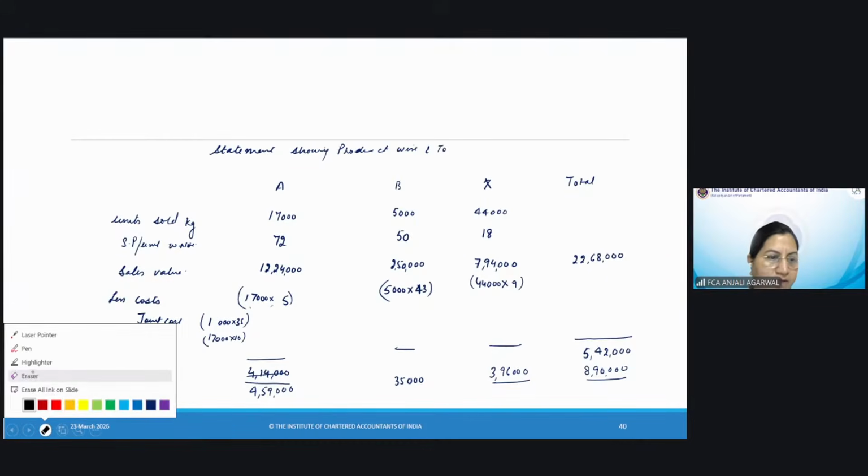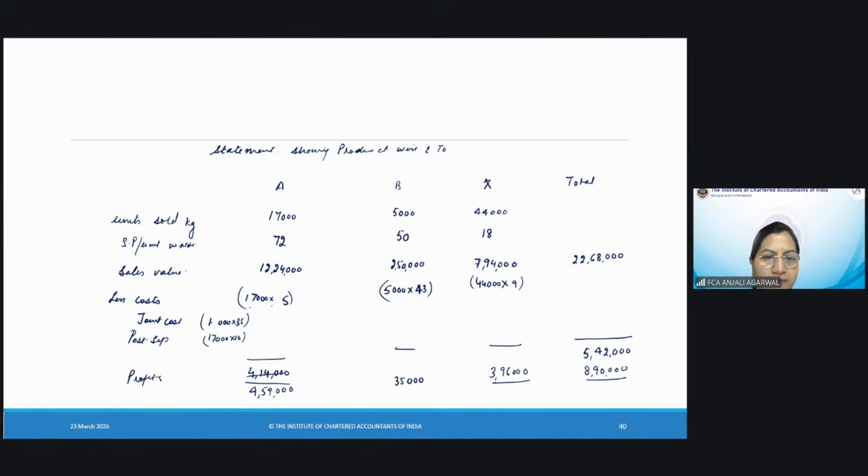Therefore, it is important that you find out the cost per unit. That means the share in the joint costs as well as the post separation cost per unit. And 45 for A, 43 for B, and 9 for C. 7 and 2, 35 and 10.